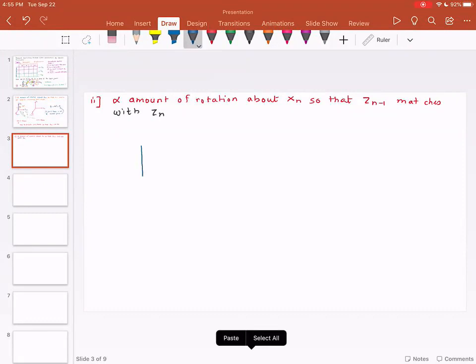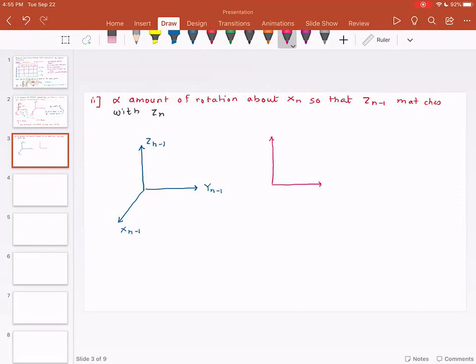So consider that I have a right hand coordinate system, something like this: Zn minus 1, Yn minus 1, Xn minus 1, and I have the second coordinate system, which is Xn, Yn, and Zn.